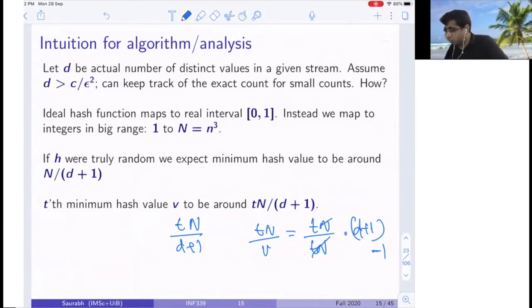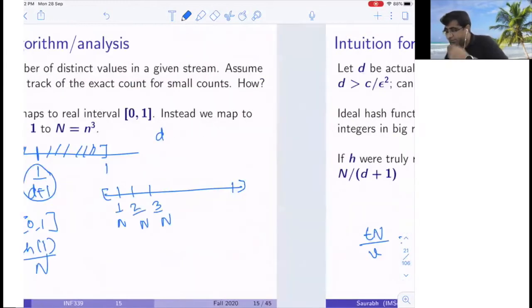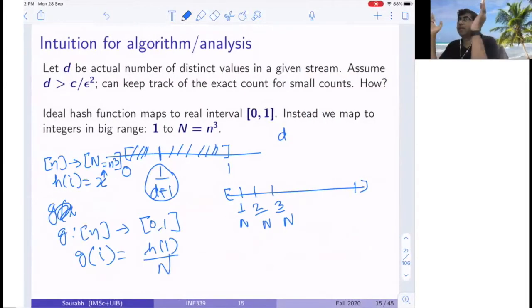What is the best way to understand this? Think that we are mapping 1 to n to [0, 1] as multiples of 1 over n, 2 over n, 3 over n, and so on. How can we define that function? Simply define g of I as h of I by n. I could have also put that, but that would have made it a little more difficult. So now, what is your minimum value? It is 1 over n.